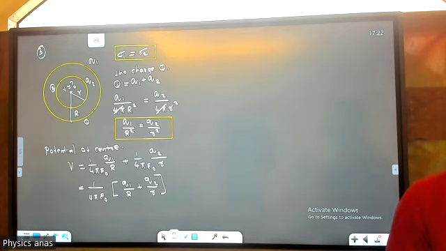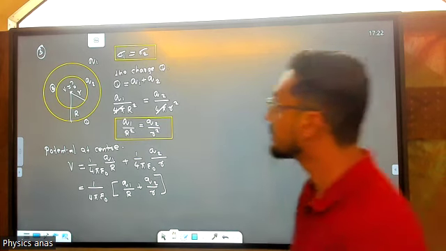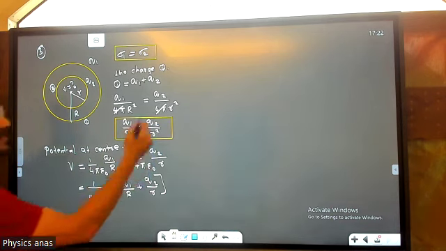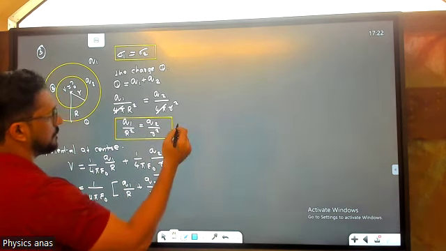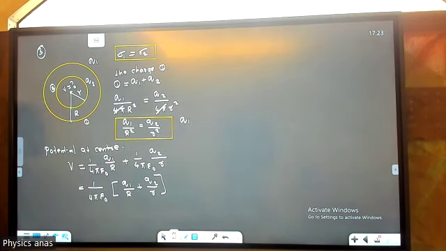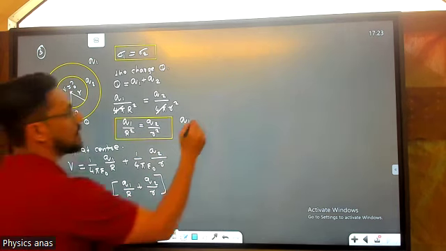What will be Q2? Q1 r square by R square. You can substitute for Q1 or Q2. That's the idea. If I am writing this, I am just taking it for Q1. What will be Q1?